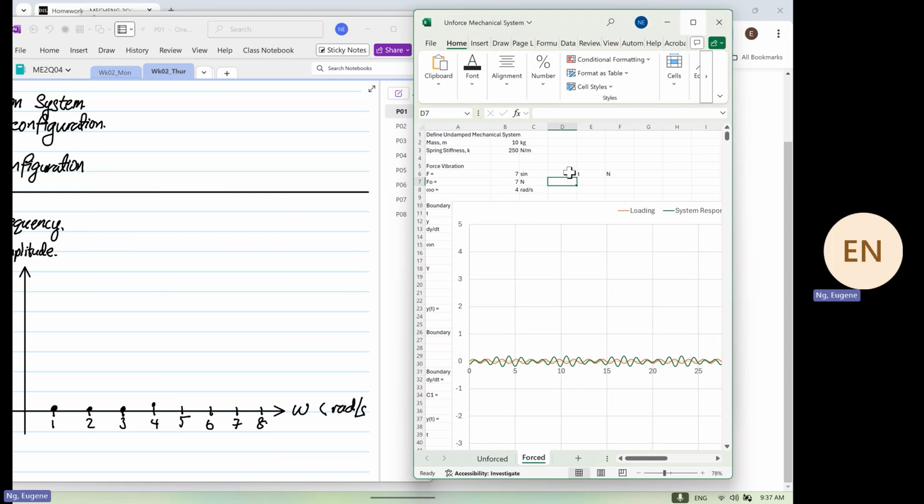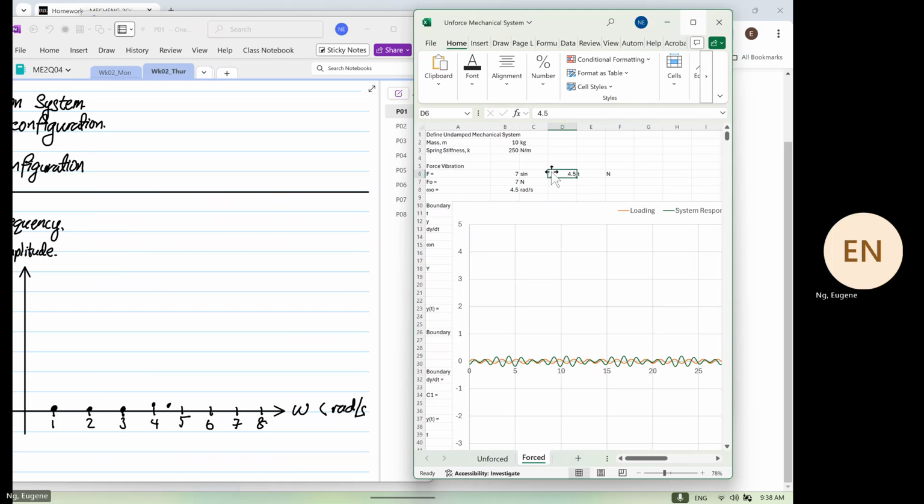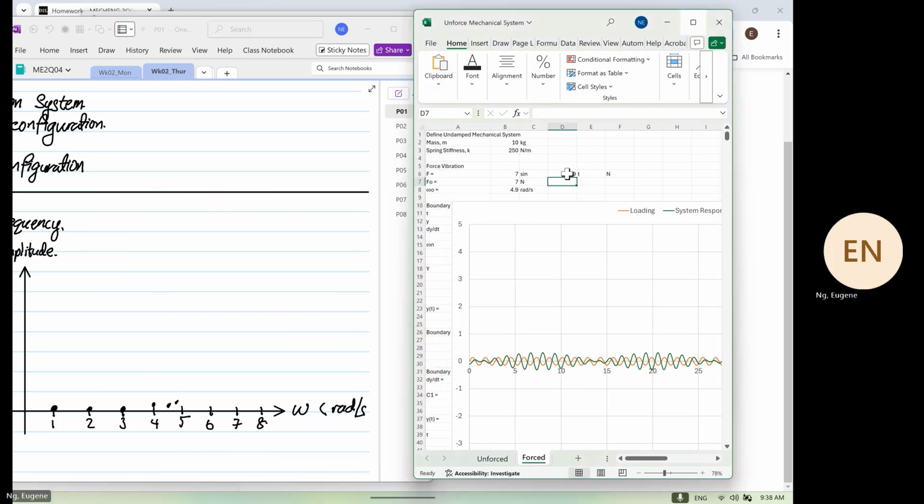Then we go for 4.5, also not a lot. Then we go to 4.9, it is coming up. All right. Then I go to 4.99999.